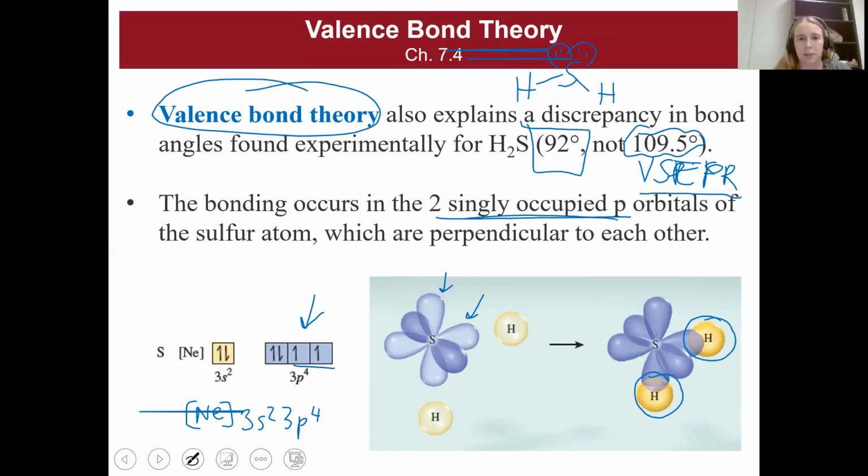Because the p orbitals are perpendicular to each other, the sulfur-hydrogen bond angle is going to be about 92 degrees based on valence bond theory and not VSEPR theory.